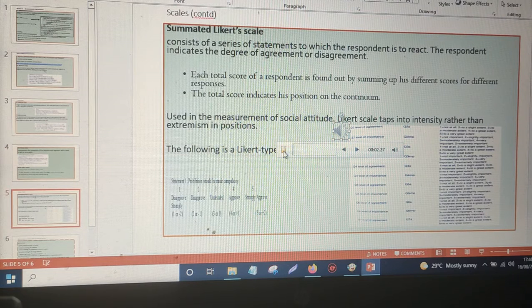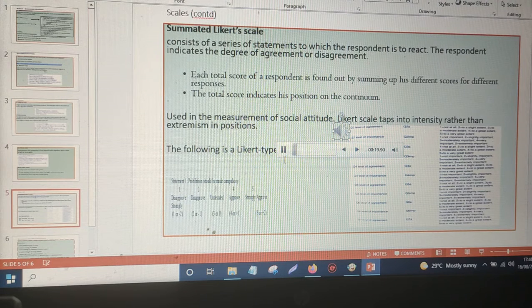Now let us consider the summated Likert scale. A Likert scale consists of a series of statements to which the respondent is to react. The respondent indicates the degree of agreement or disagreement.